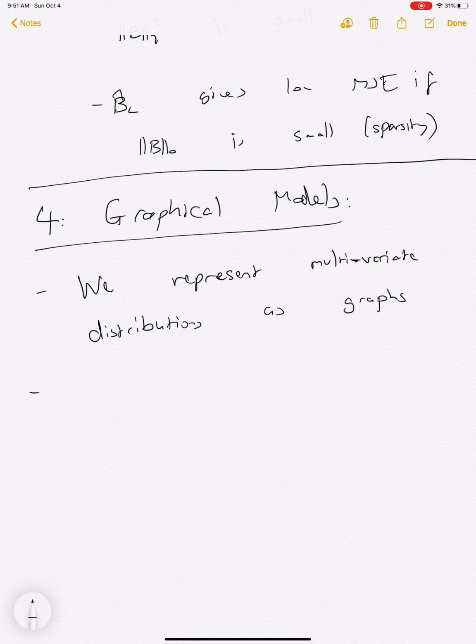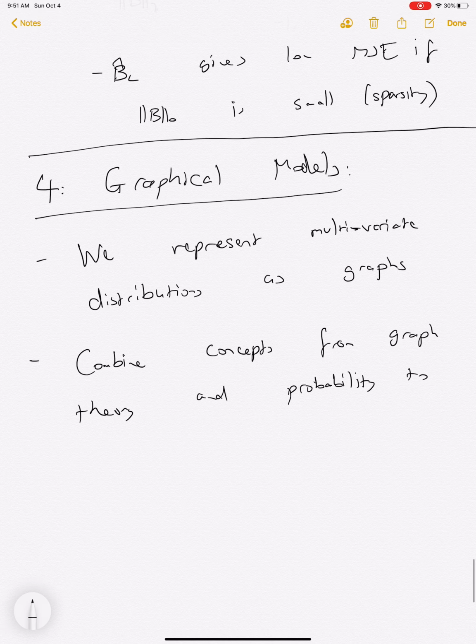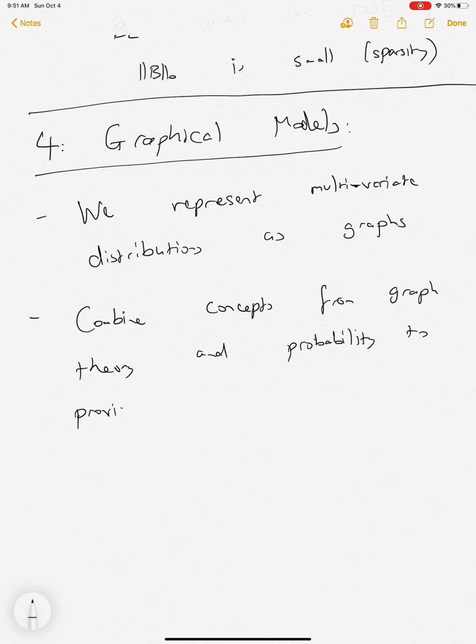So we represent multivariate distributions as graphs, and the idea is we're going to combine concepts from graph theory and probability to provide a visual representation of a distribution.